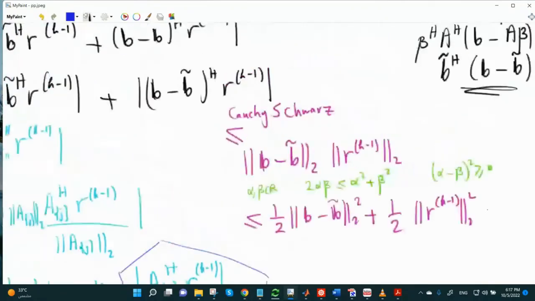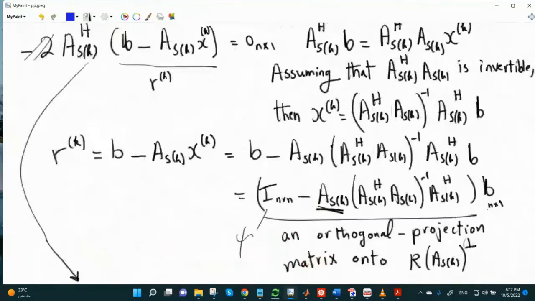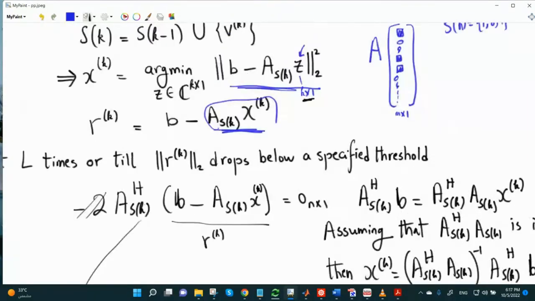You can see it from just writing down the gradient vector, and you'll find that this matrix, the Hermitian of A_{S_k} times the residual vector, is equal to zero, which means that each column in this matrix A_{S_k} is perpendicular to r_k.